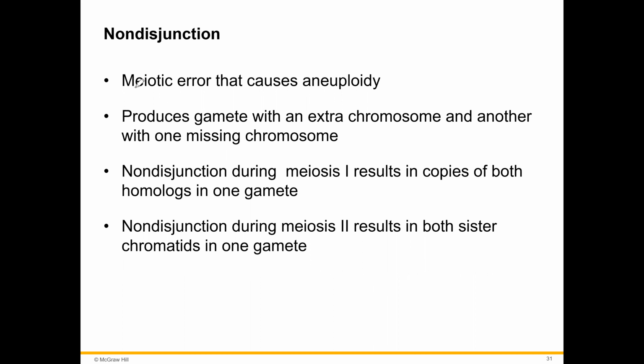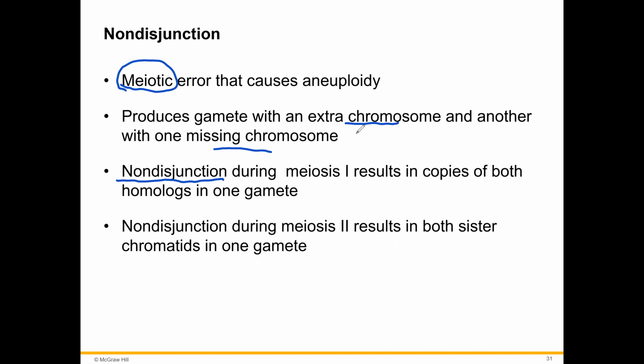So meiosis is the formation of egg and sperm. So if we have an error during this formation of gametes, then gametes can be produced with an extra chromosome, right? And another with a missing chromosome. And this process is called nondisjunction, right?